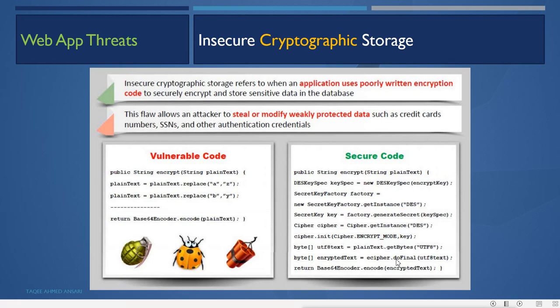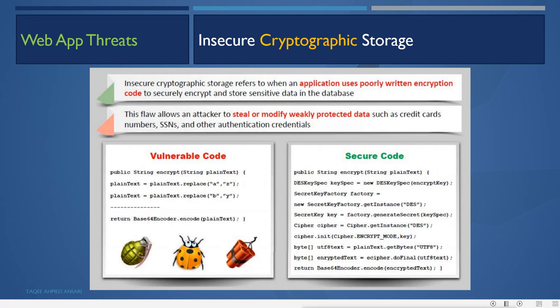So suppose the developer has designed the application, but it is using a weak or less secure cryptography algorithm, an encryption algorithm which can be easily recovered or reversed, and by using that it is encrypting the data in the database, so it is not that secure.